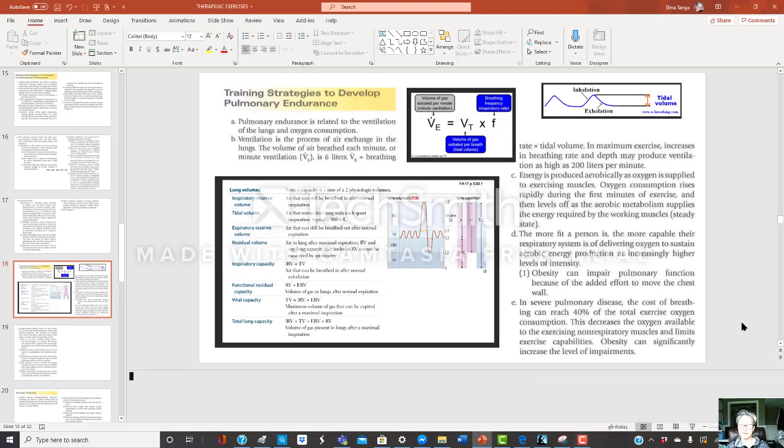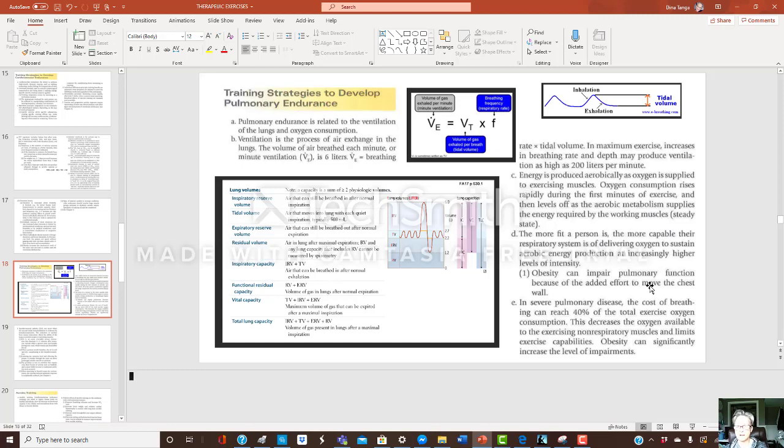Okay, I went and found some beautiful pictures on the internet. So, minute ventilation, the volume of gas exhaled per minute. How you compute that number is the volume of gas exhaled each breath, so your tidal volume.